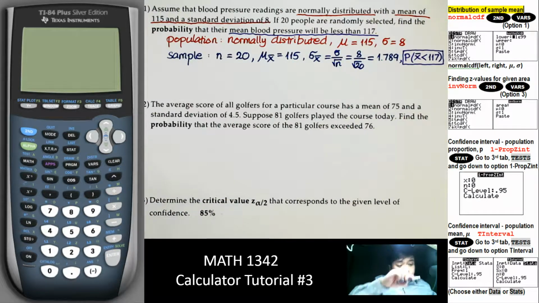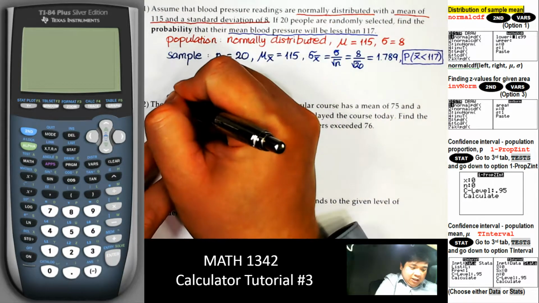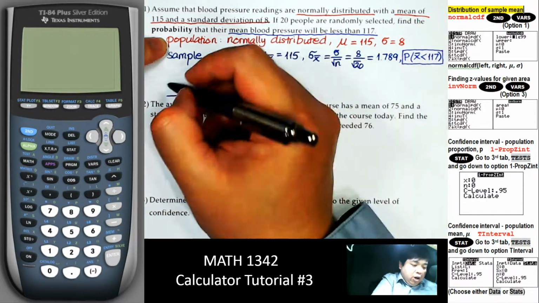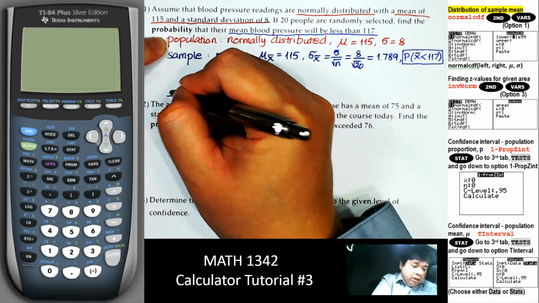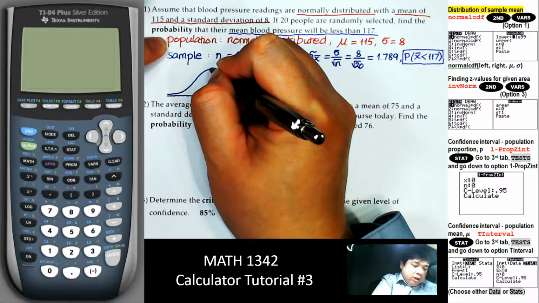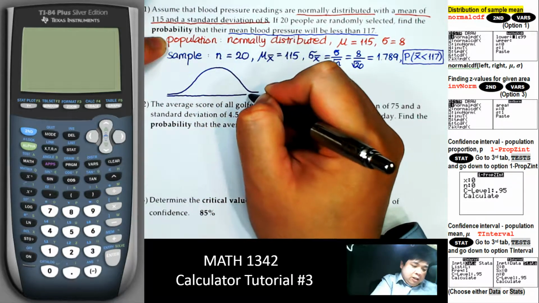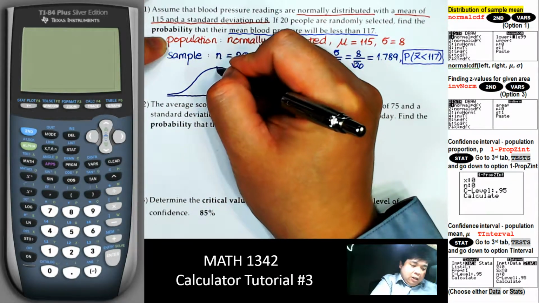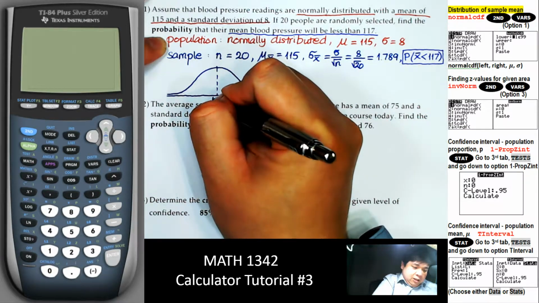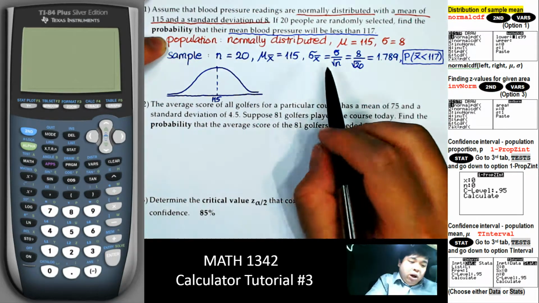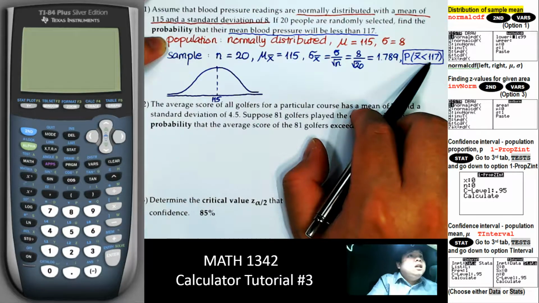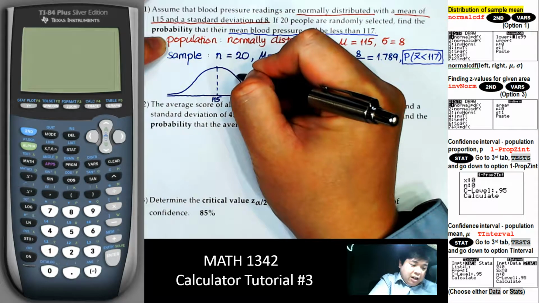Let's put everything together. For this problem, we have the population that is normally distributed, so the sample size can be small. I just draw the curve here. The mean is 115, and we want 117 and less than that.